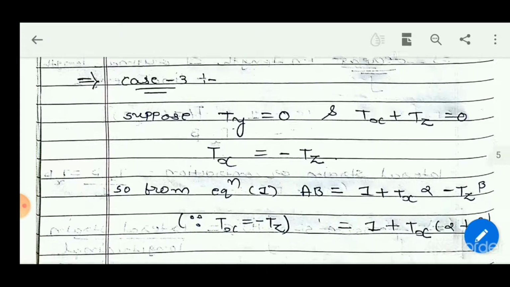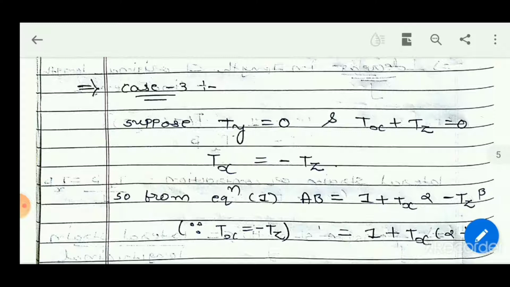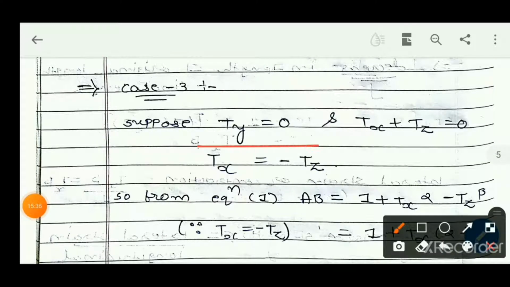So in case 3, we have to derive shear strain. We take Ty is equal to 0 and Tx plus Tz is equal to 0, or Tx is equal to minus Tz.